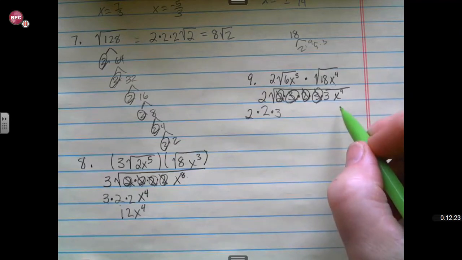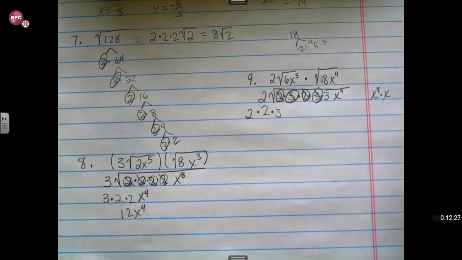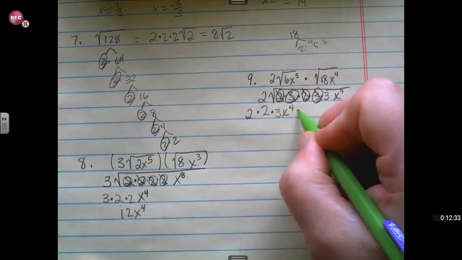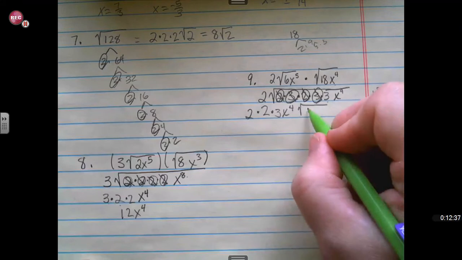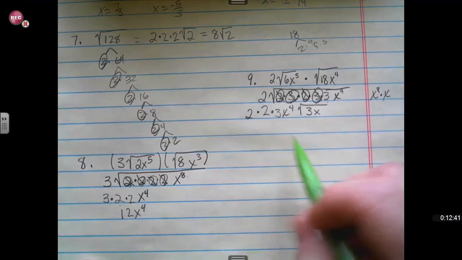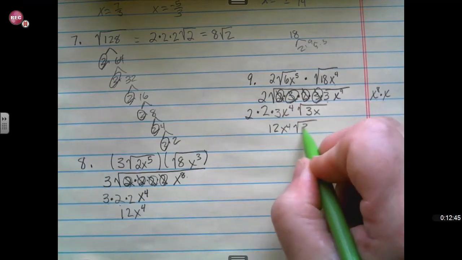But then x to the 9th, remember, is x to the 8th times x. So the square root of x to the 9th is x to the 4th with an x left over. And it looks like I also had a 3 left over. So my answer is going to be 12x to the 4th times the square root of 3x.